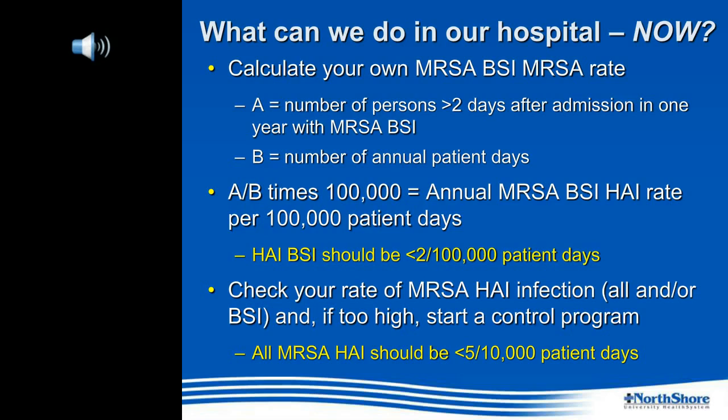We would suggest it should be less than 2 per 100,000 patient days. If you look at all of your MRSA clinical infections, culture results, that should be less than 5 per 10,000 patient days. So these are quite easy things to do in your own hospital, and I would encourage you to do that and look at how high your rates are to determine if you have to do anything beyond what's already being done.